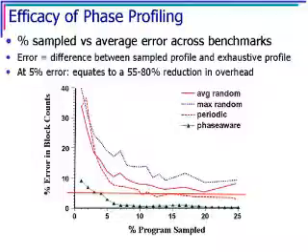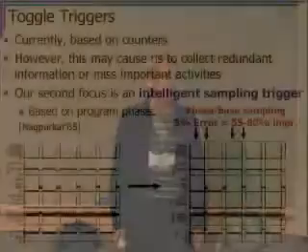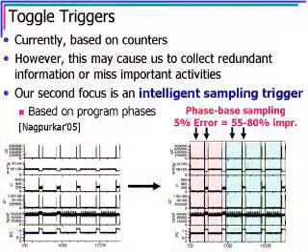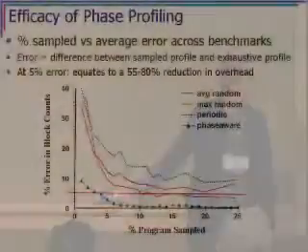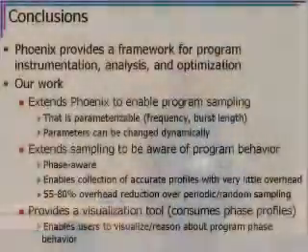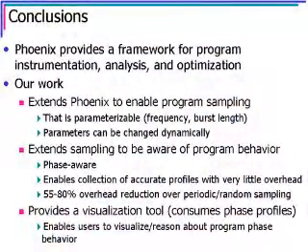What we found is that with 5% error, that is, the sampling profile is 95% the same as the exhaustive profile, we're able to reduce the overhead by 55 to 80% for the programs that we looked at. So our conclusions are that Phoenix provides you with a really nice framework to investigate interesting techniques for profiling and for performance optimization.